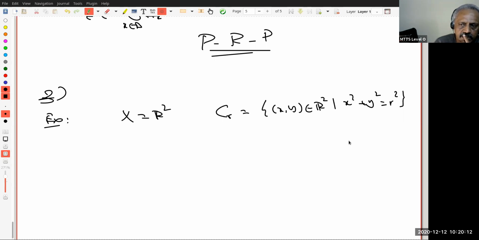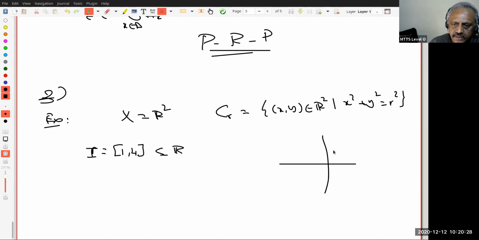Now suppose my R is in the closed interval 1 to 4 in R. Sorry, this is the indexing set. So what is C_R? C_R is a circle of radius R centered at the origin. This is my C_R and this is R. You understood that? This is my indexing set. Oh, maybe I should do it from 1 to 2. Therefore, it's 1 to 2.